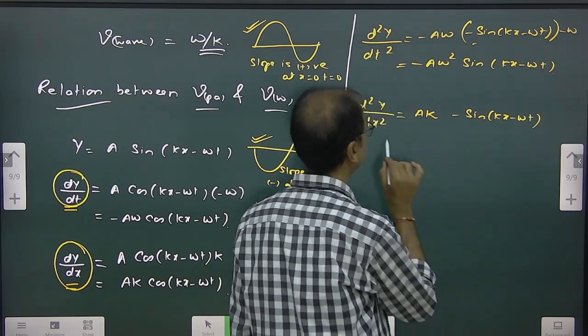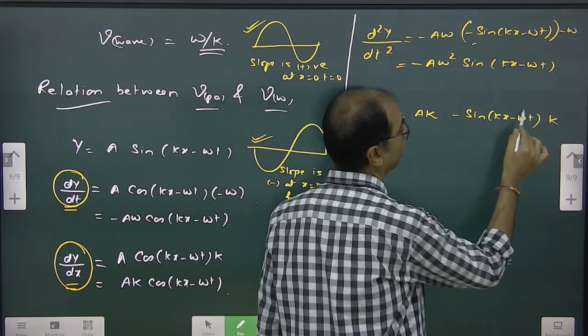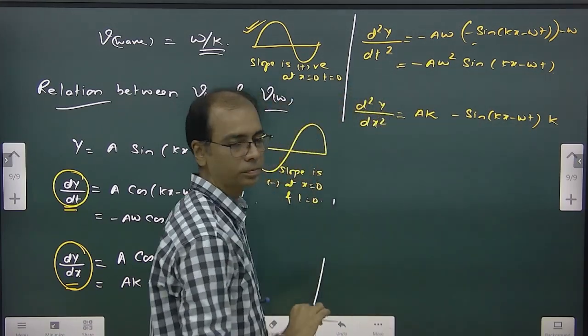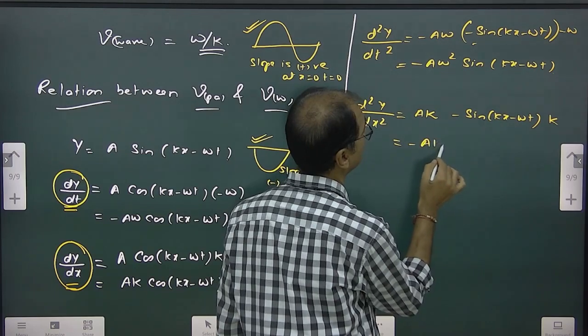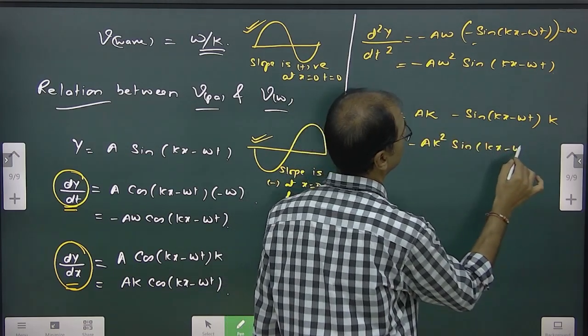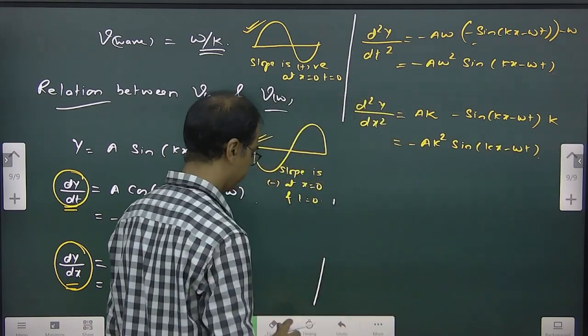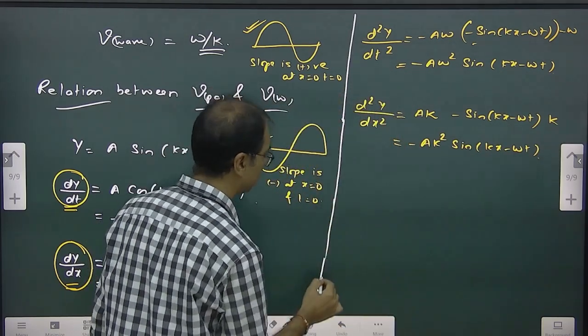Then differentiation with respect to x. So kx differentiation will come k and this differentiation 0. So what we got? Minus A k square sine kx minus omega t. Right? Okay.